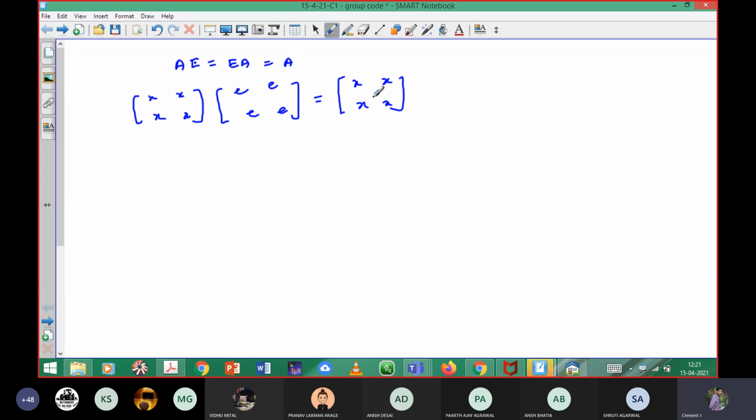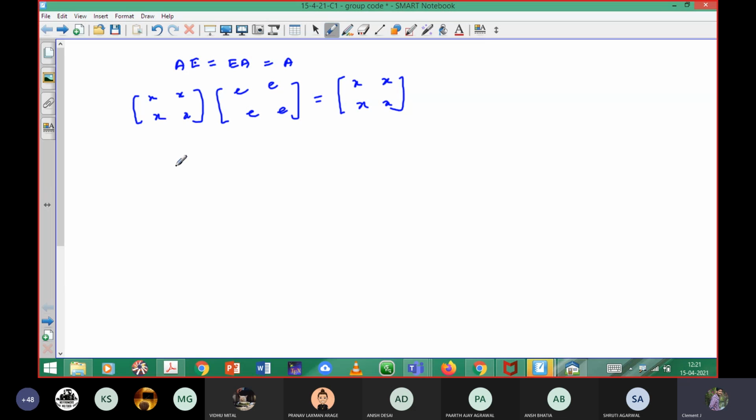So I can consider matrix A as x x x x, and E represents E E E E. So I should get A, right? A as x x x x. If I apply multiplication of A with the E matrix, I should get the same A matrix. That is the rule assigned as the identity property.